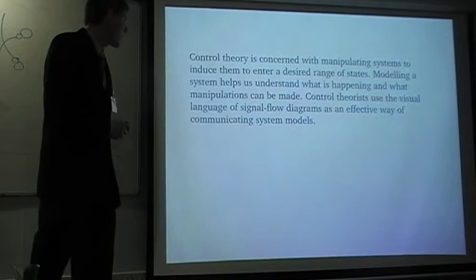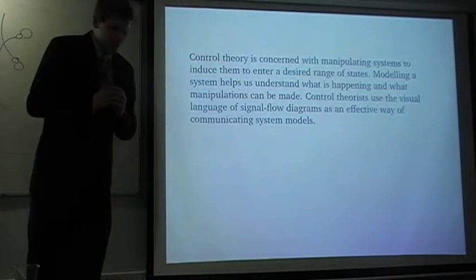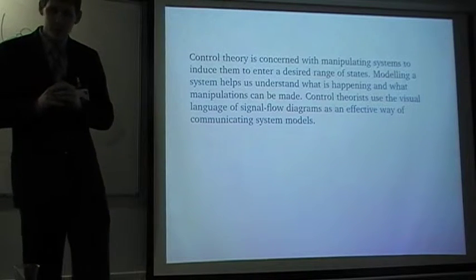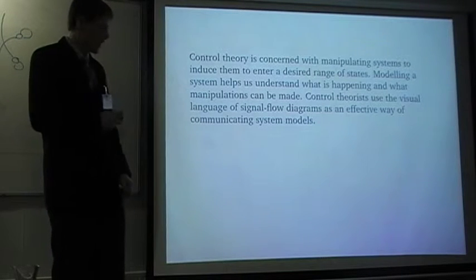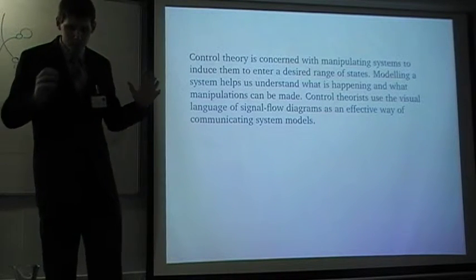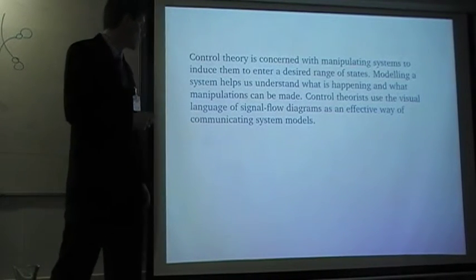So that's another example of a control system. One of the things that is really useful in control theory is the diagrammatic language of signal flow diagrams, and that we can model a system and then communicate that model with these diagrams.